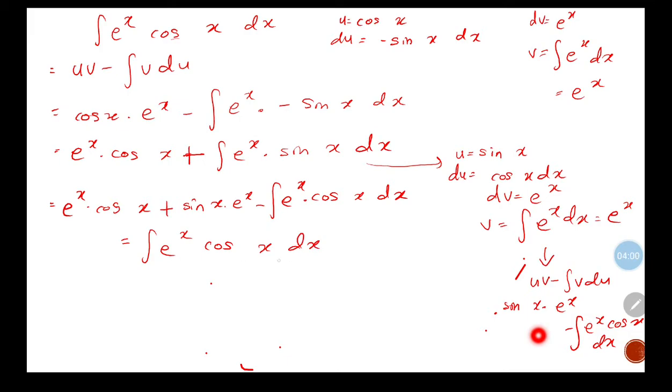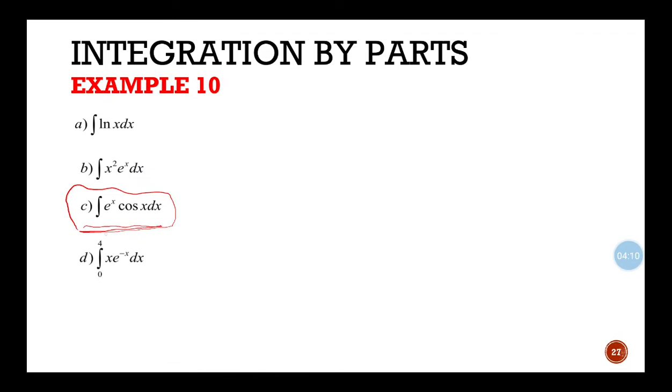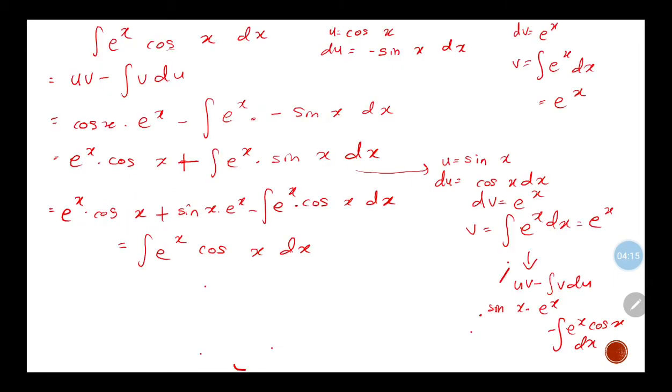This is from the original question, right? Let's see. Sorry. Okay, the original question is the integration of e^x cos x dx. So the whole thing here is also equal to the original question here.